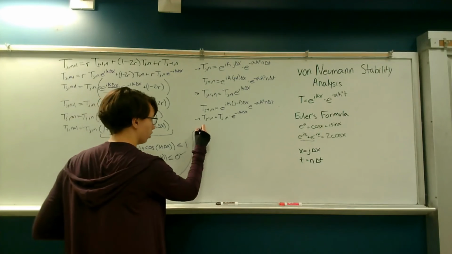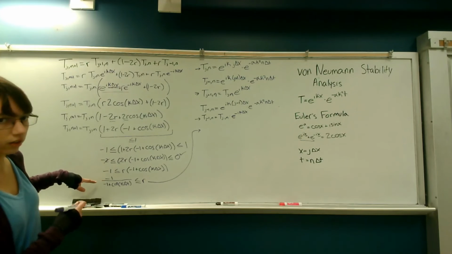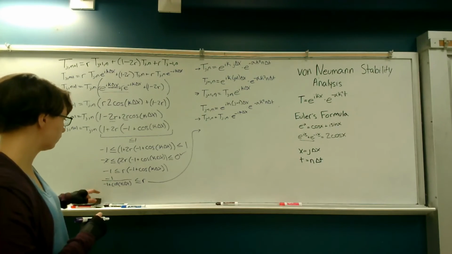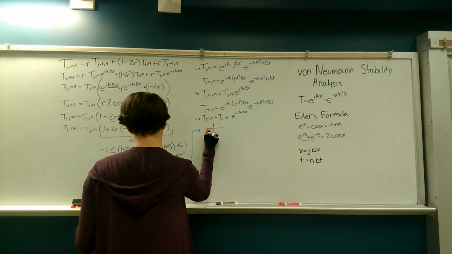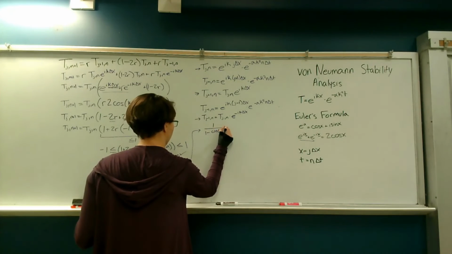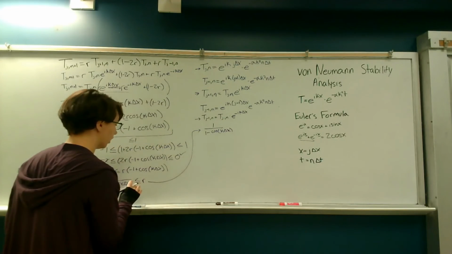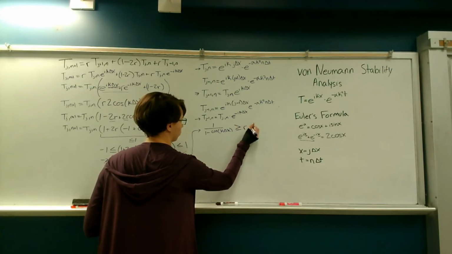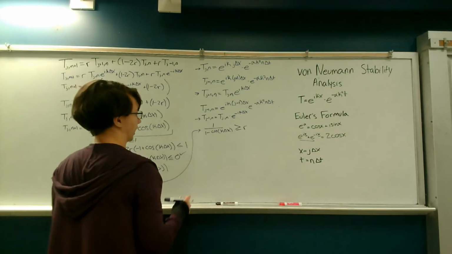I'm going to move up here. So at this point, we're going to multiply everything by negative 1 so that we don't have all these weird negatives in here. So we're going to have that 1 over 1 minus cosine of k delta x. And since we're multiplying by negative, it flips the sign, so it's going to be greater than or equal to r. So we just multiply everything by negative 1, and we get this.